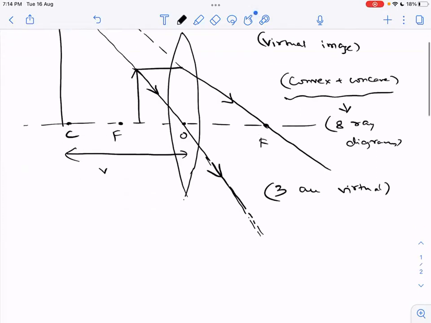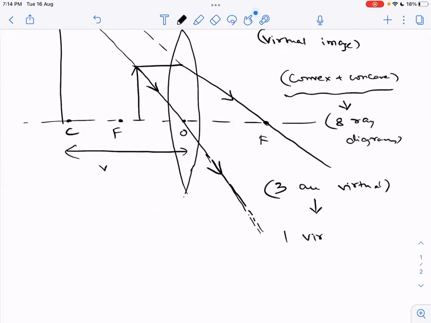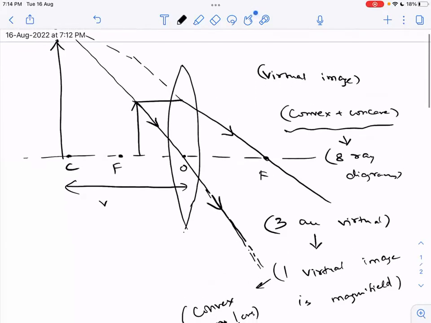Of which only one virtual image is magnified in nature. And that one virtual image is formed only due to a convex lens, and it is formed at the back of the lens itself, on the same side as that of the object itself. So am I clear with this point? Yes, sir. Am I clear with this?